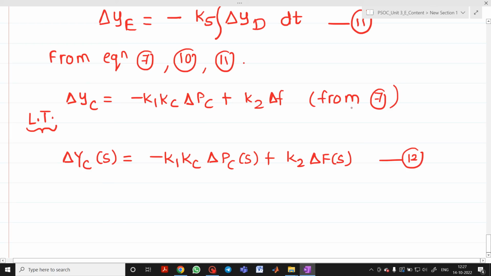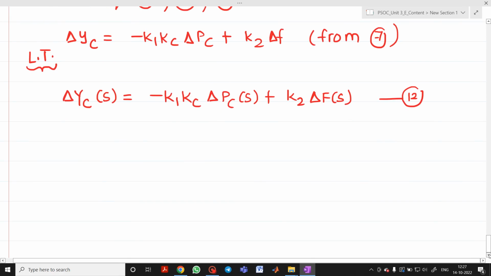What we did here: from equation number 7, we have taken the Laplace transform, so we got equation number 12. Now from 10, what was equation number 10? Delta yd will be equal to k3 into delta yc plus k4 into delta ye.